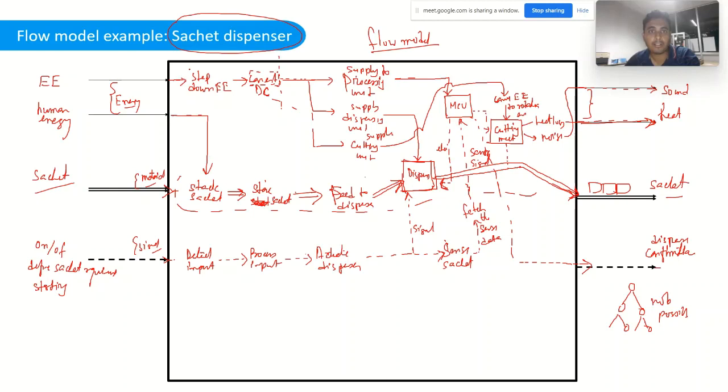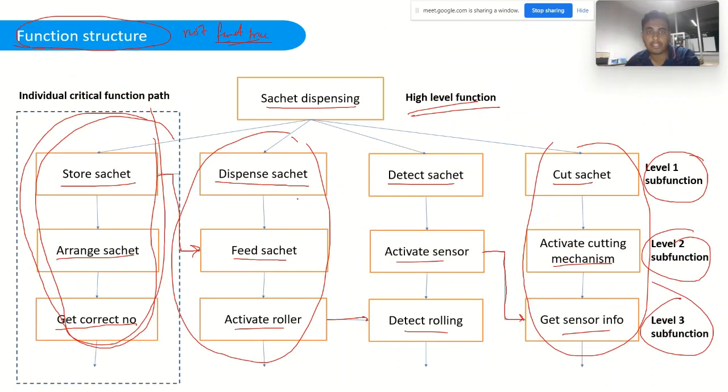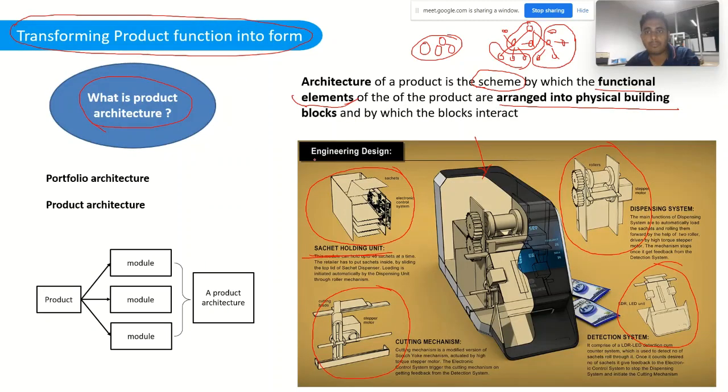Probably here we try to define the storage part. From here it is a bit difficult, but using the function structure, it is very easy to arrange into physical blocks. So it has a sachet holding unit, a dispensing unit, a detection system, and a cutting mechanism. Apart from that, it has a power unit and a microcontroller unit.